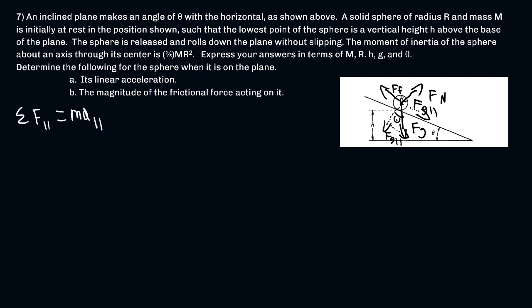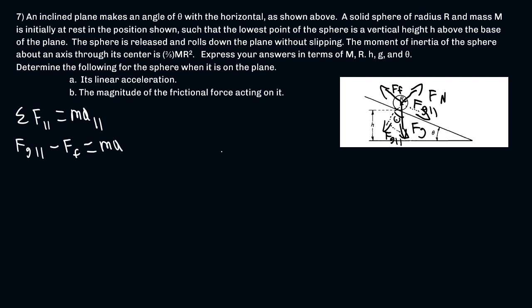Going down the plane, we'll call that positive right now. The force bringing me down this plane is FG parallel. Opposing this is the force of friction, so we have FF, equal to the mass of the object times acceleration here.